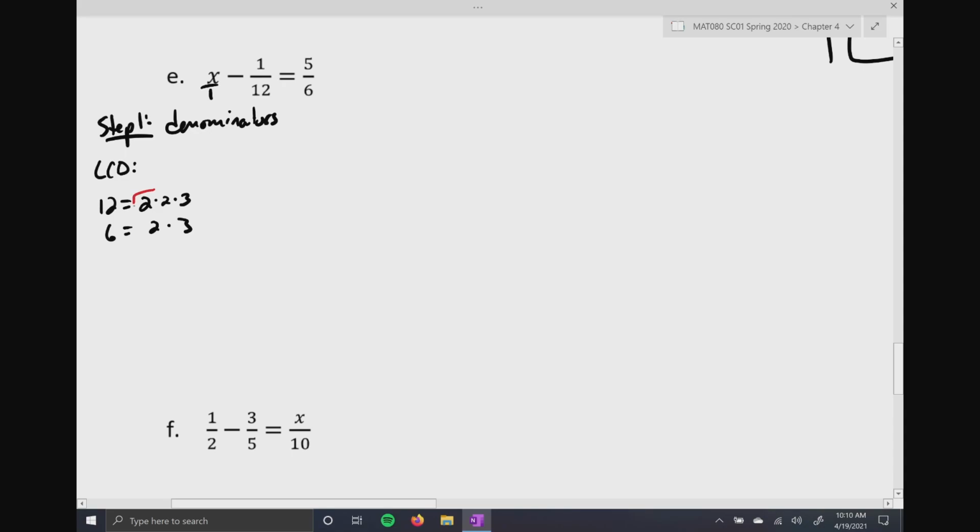Well, that is the most number of 2's I see in any factorization. So my LCD is definitely going to be 2 times 2. Now the 3 you can take from either one, it doesn't matter, because I only have 1 3 in the 12 and 1 3 in the prime factorization of 6. So I'm only going to have 1 3 in my LCD. When I multiply all these together, 2 times 2 times 3, the answer is 12, and that is the number I'm going to multiply everything by.